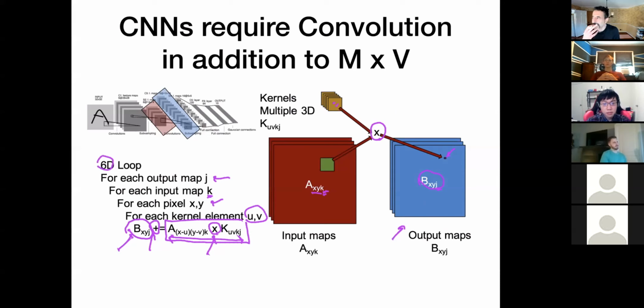So comparing with the fully connected network, which is bound by the large size of weights and memory, here you have more arithmetic calculation. You're not bounded by memory.